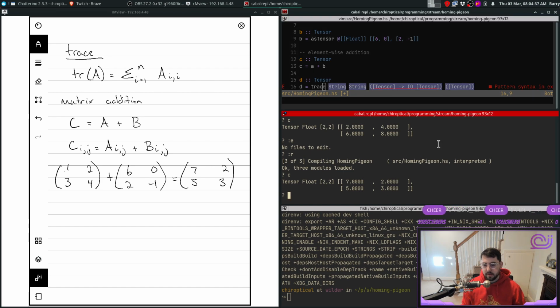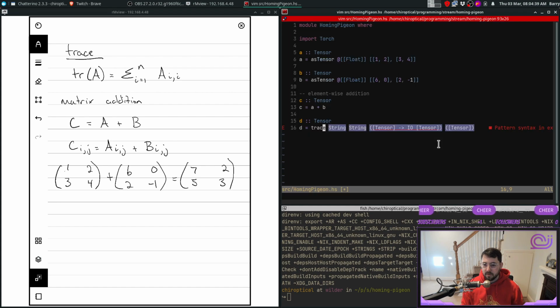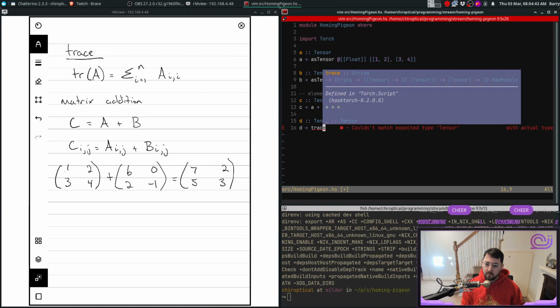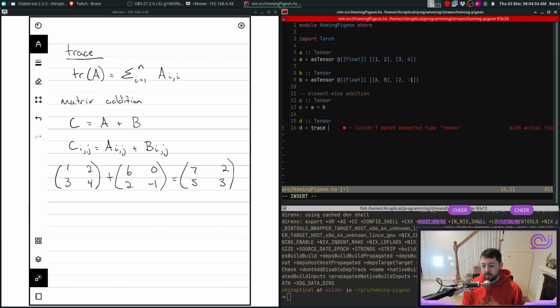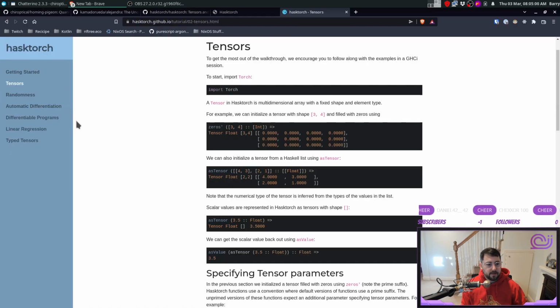Why does it take all of these things? Okay. So this is in torch.script, but it takes a lot of stuff. I don't exactly know why that is.